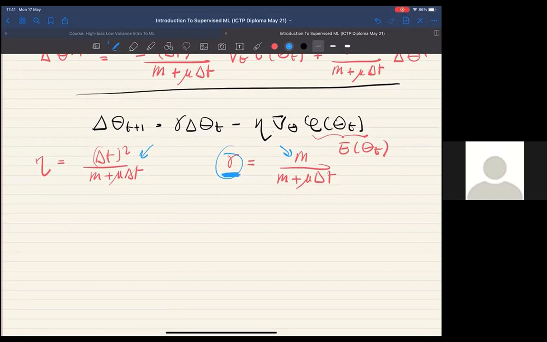Okay, let me just mention that there is a last variant, which is called, what's the name again? Yeah, Nesterov accelerated gradient, or NAG.